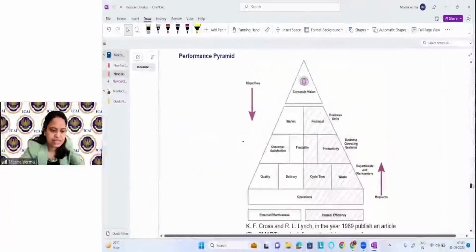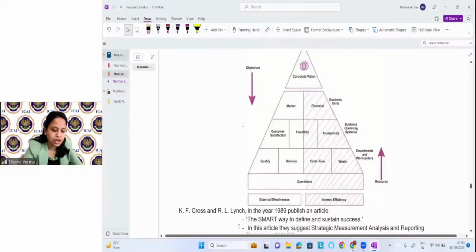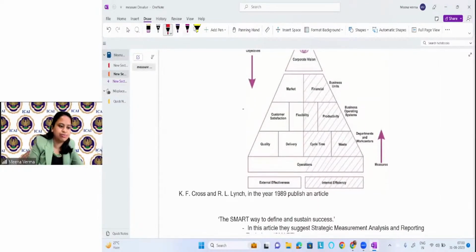If you see just in front of you, we have an image of the performance pyramid. The first question is: who introduced this pyramid? It was first introduced by K.F. Cross and R. Lynch in 1989, published in an article about this pyramid.